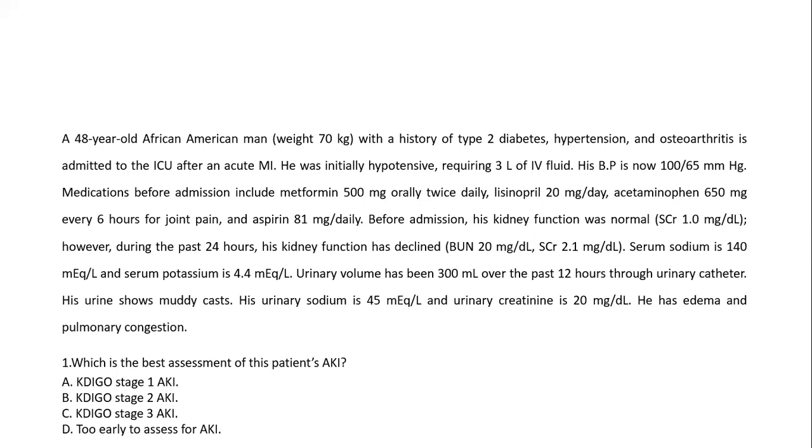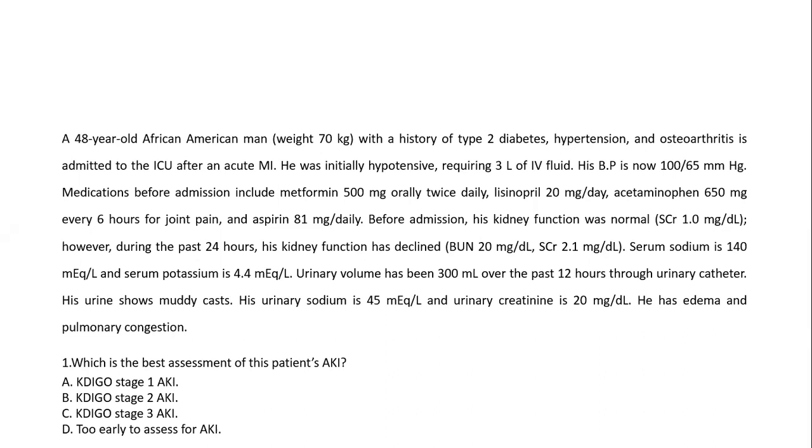His BP is now 100/65. Medications before admission include metformin BID, lisinopril 20 mg daily, acetaminophen every 6 hours for joint pain, and aspirin 81 mg daily. Before admission to the ICU, his kidney function was normal. His serum creatinine baseline was 1.